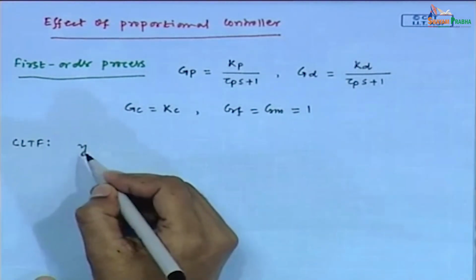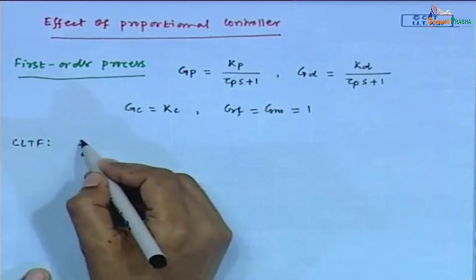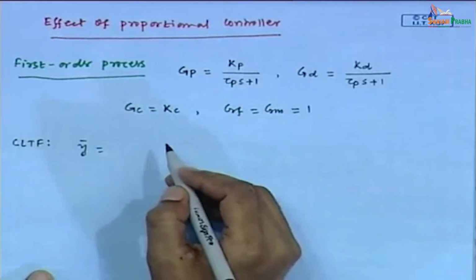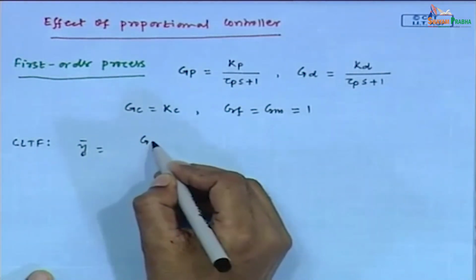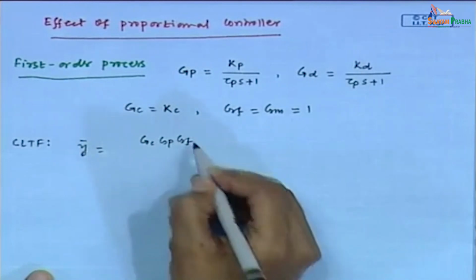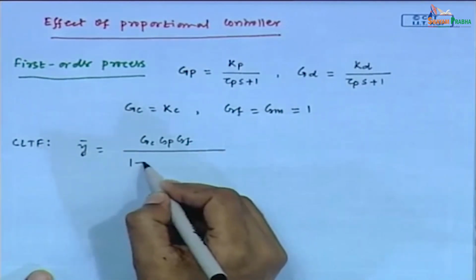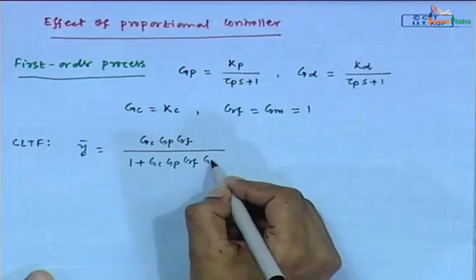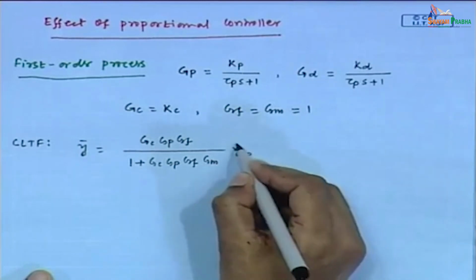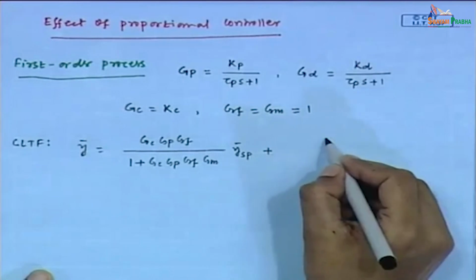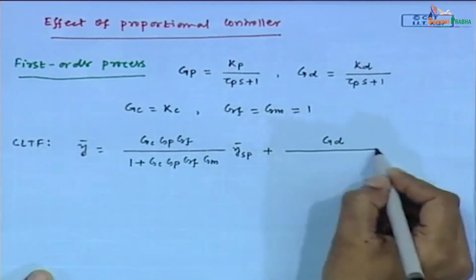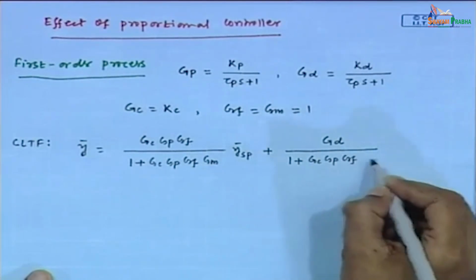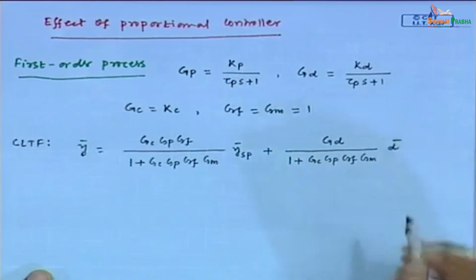So, for that purpose, we will start from the general form of closed loop transfer function, which can be written as y bar equals G c G p G f divided by 1 plus G c G p G f G m y set point bar plus G d divided by 1 plus G c G p G f G m d bar.